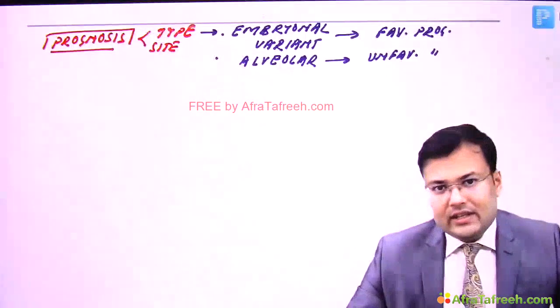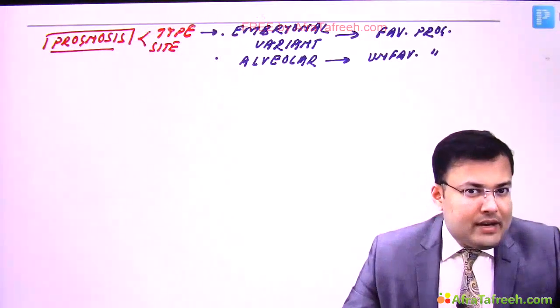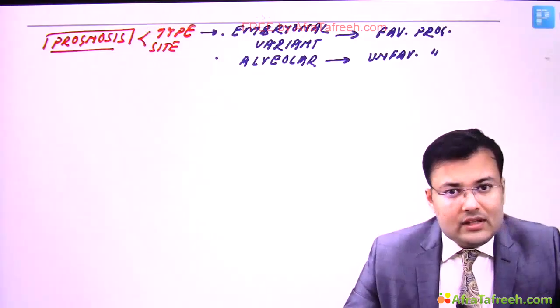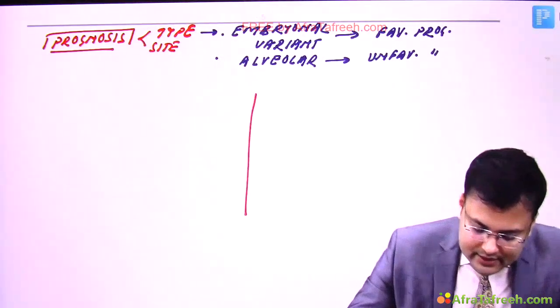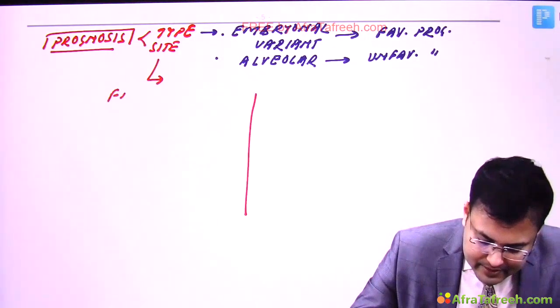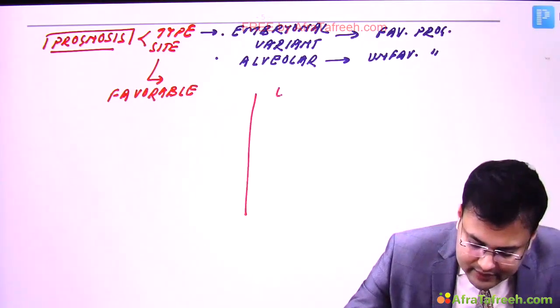Right? Now see the site. What are the favorable primary sites and what are the unfavorable primary sites?